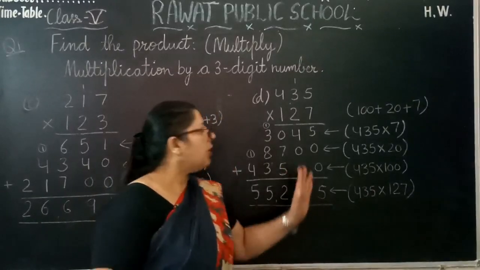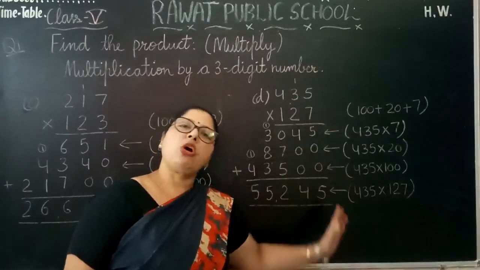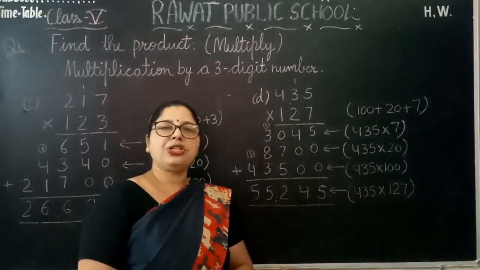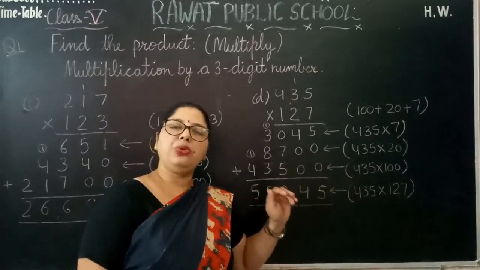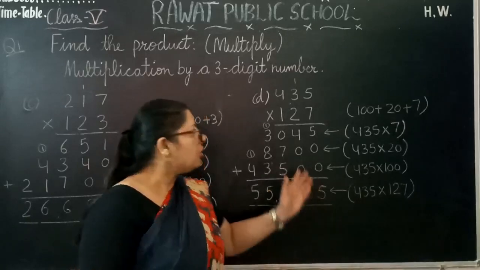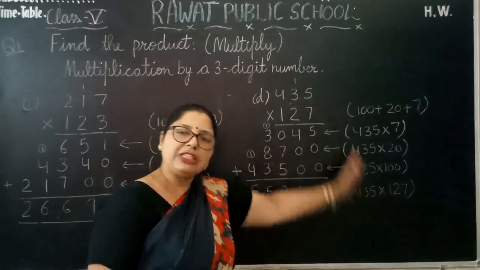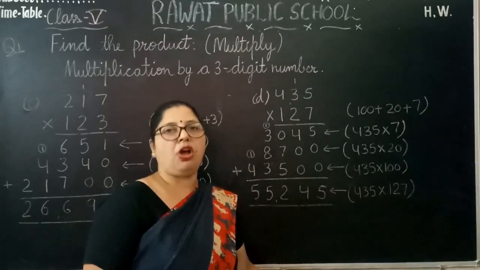So students, when we do these sums step by step, we can solve them very easily. There is no problem to do these types of sums. When you do 2-digit multiplication or 3-digit multiplication with this method, you will have no problem.